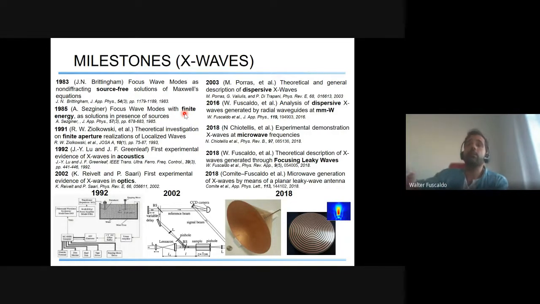The first experimental generation was proposed by Nicolaus Chiotellis under the supervision of Professor Grbic at the University of Michigan, in 2018. And then we have been able, together with a colleague of mine, Davide Comite, here at Sapienza University, to provide an experimental validation at microwave frequency by means of a leaky wave antenna, almost in the same year, after a few months.